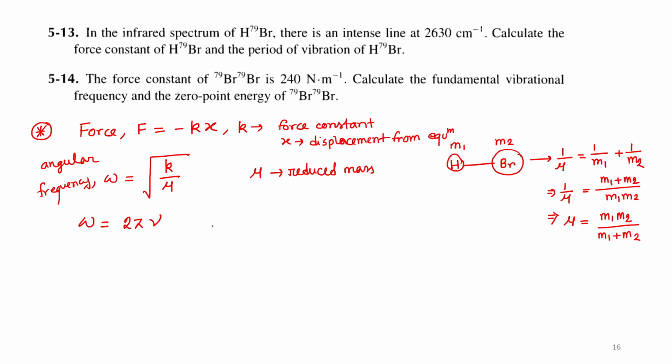Okay. So if I put that here, your frequency nu is going to be 1 by 2 pi root of k by mu. So see, we are going to use this formula here.